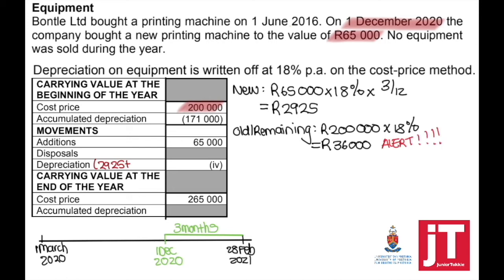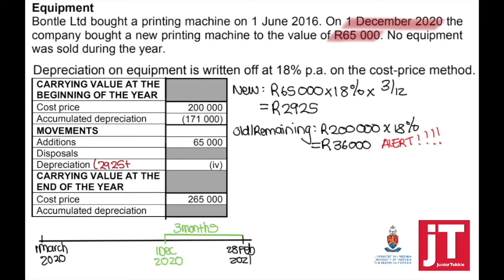Immediately you should realize the following. If I take that 36,000 and add it to the accumulated depreciation in the beginning, it's going to be more than the cost. My accumulated depreciation cannot be more than the cost. So what do I do if this happens?